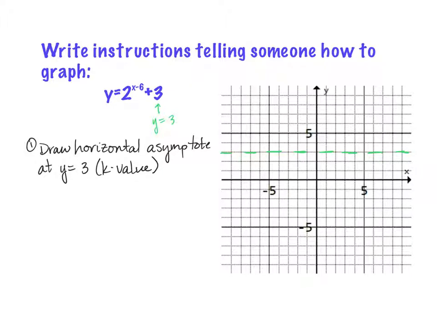All right. Then I'm going to put an x at my locator point. My locator point is the point 6, 3. Remember, h is always the opposite of what you think it's going to be. I'm going to put that in green as well. So the point 6, 3, and then write that instruction.